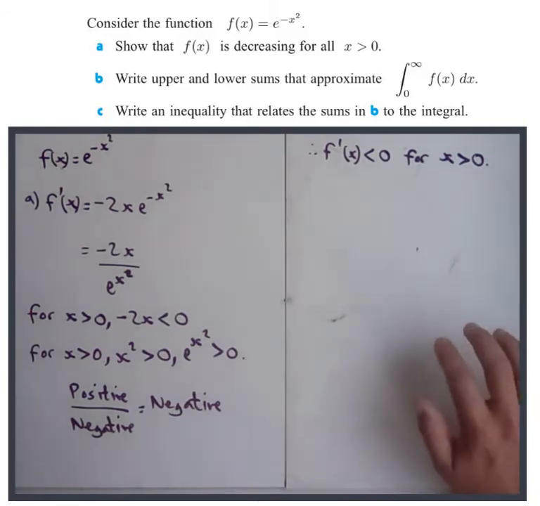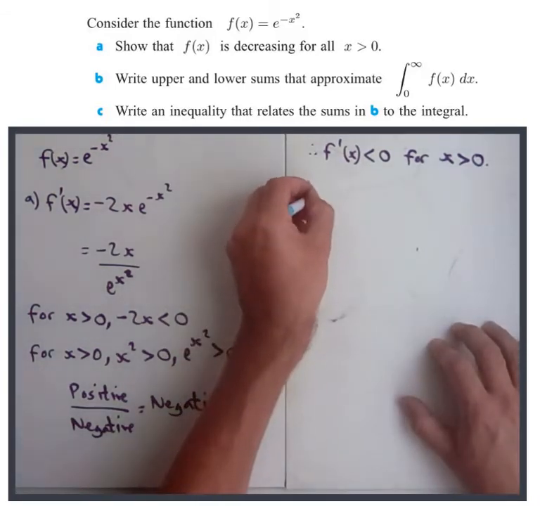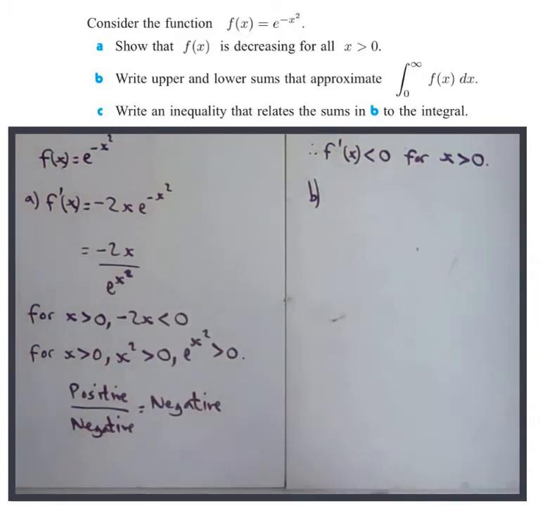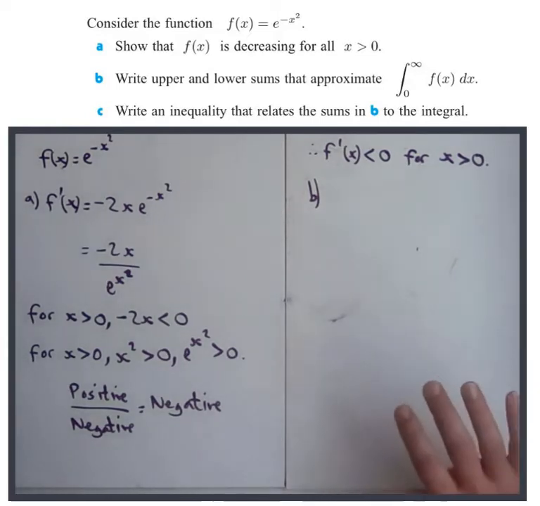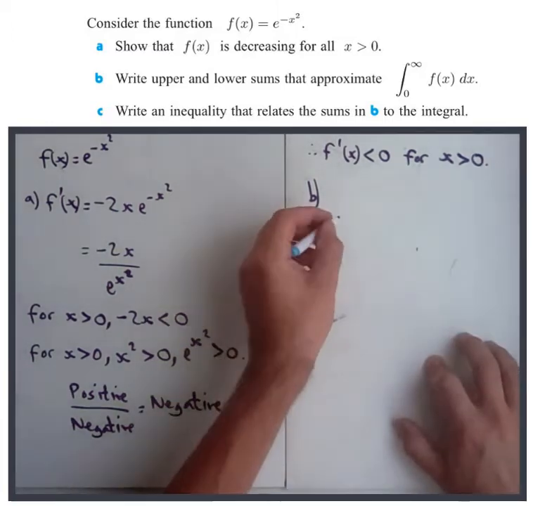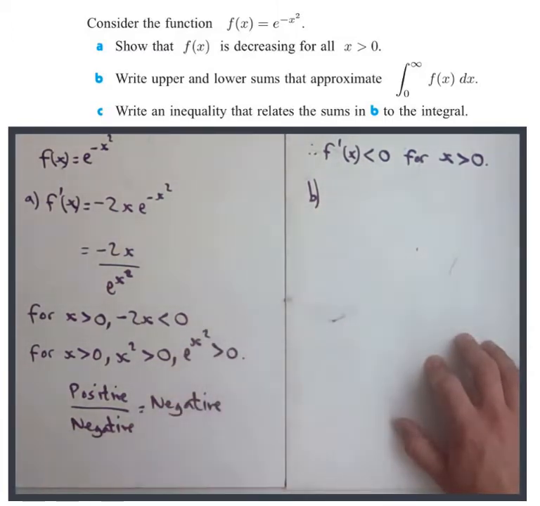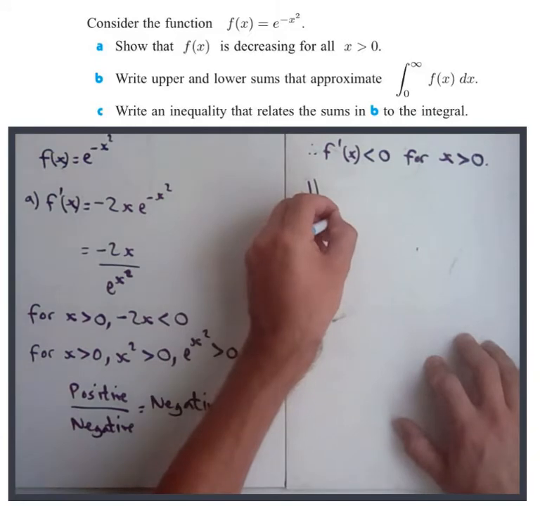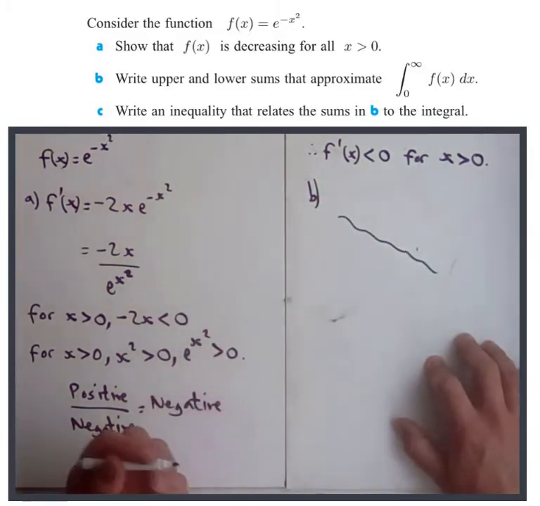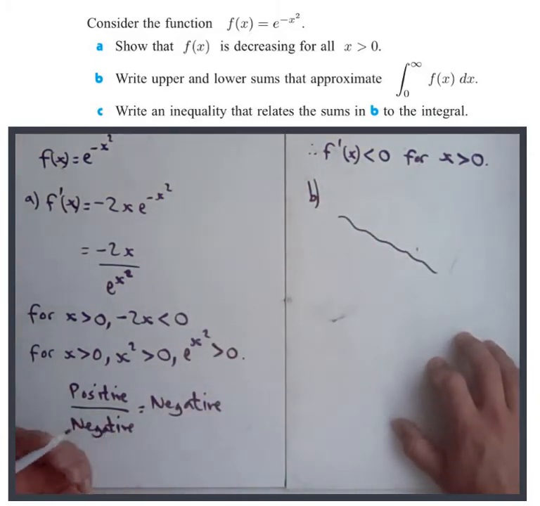Okay. Part B, write upper and lower sums that approximate the integral, right? So if we now know that this thing is decreasing, if you have a function that's constantly decreasing, I'm not going to actually attempt to draw e to the minus x squared, but let's just take a general decreasing function. It's the same principle.